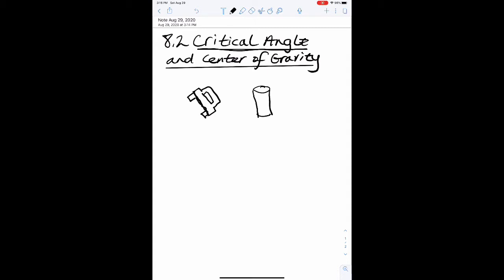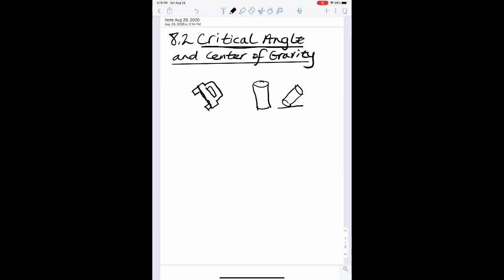And if we were to take the pop can and set it like this, and there's a little bit of pop in there, the can is able to steady itself like this. So the idea is that this point right here is the pivot.